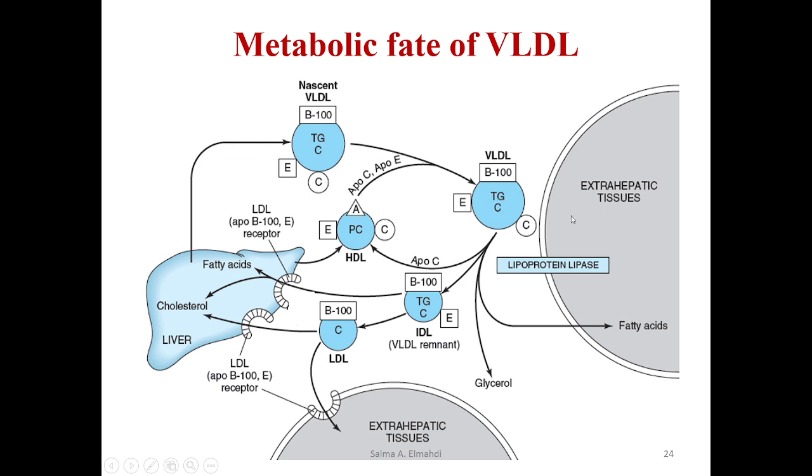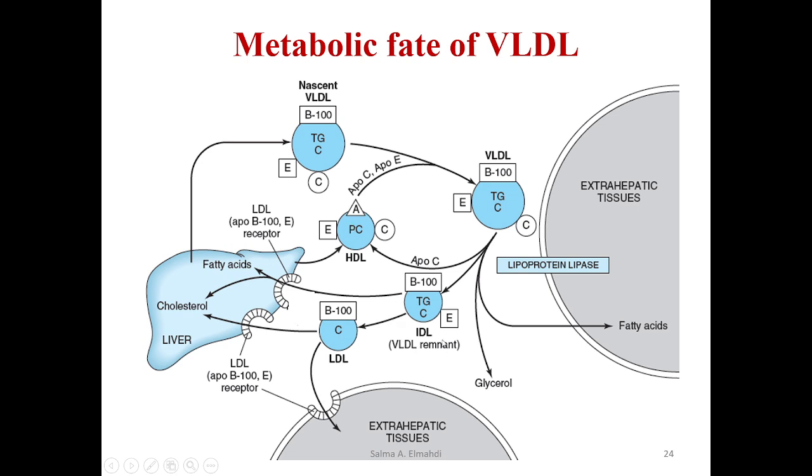triacylglycerol to the extrahepatic tissues, where lipoprotein lipase hydrolyzes triacylglycerol, freeing fatty acids to be taken up by the extrahepatic tissues with the release of glycerol. ApoC is obtained by HDL.